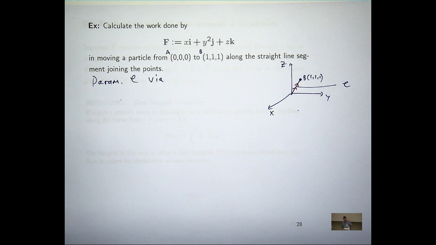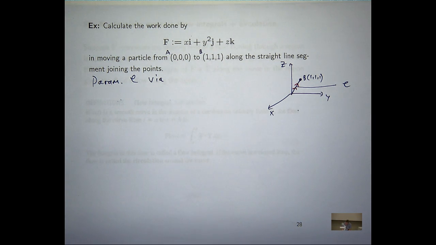Now, we looked a little bit at parameterizing lines and line segments in week 1. But I still think some people are a little bit confused about the derivation. So let me show you how you can parameterize this line segment.